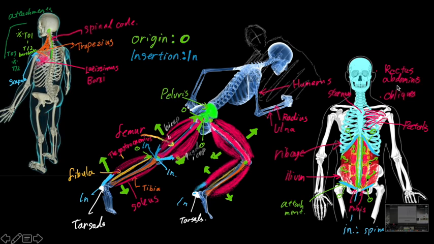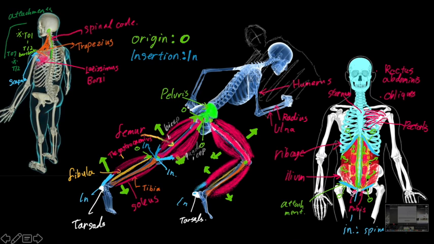And then the abdominis, which is up here. The abdominis is connected to the rib cage, the final rib, which is the insertion, and the origin will be along the spinal cord. Also there are two insertions actually, and this one is the pubis.